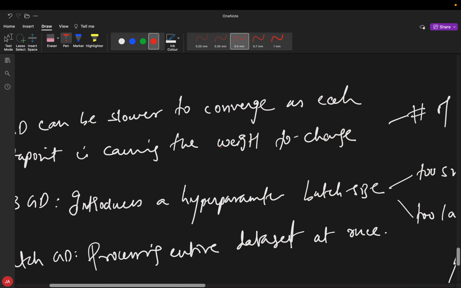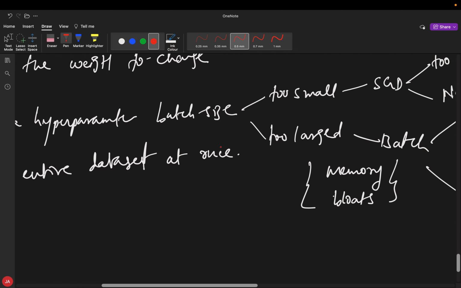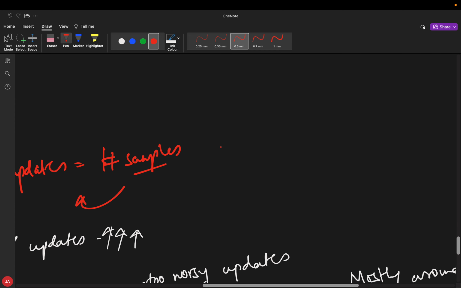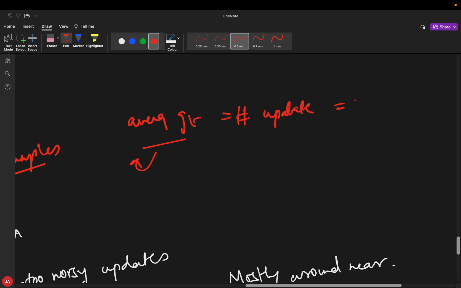But in batch gradient descent, we are processing the entire data set at once, computing the gradient across all the data points and averaging out the gradient values and providing a single update. We only update the weights just once, so it is not too rigid.